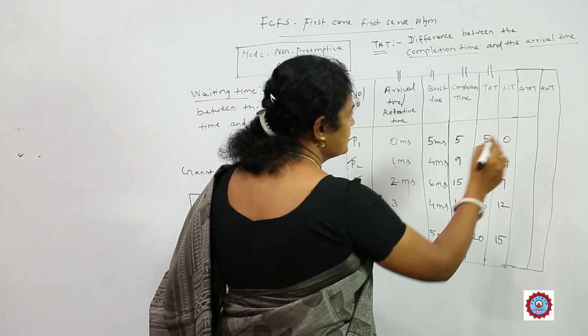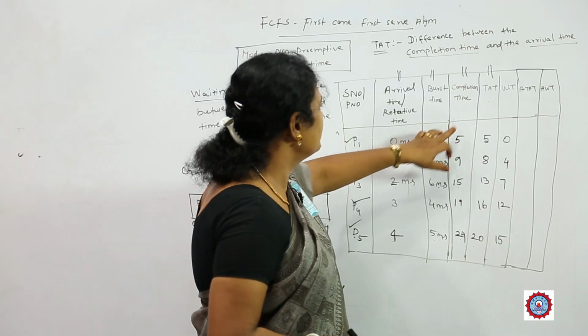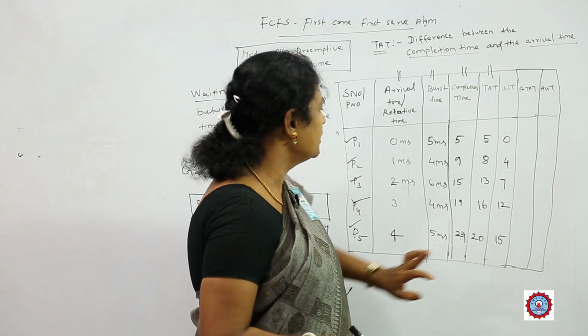So, average means the total turnaround time divided by the number of processes.